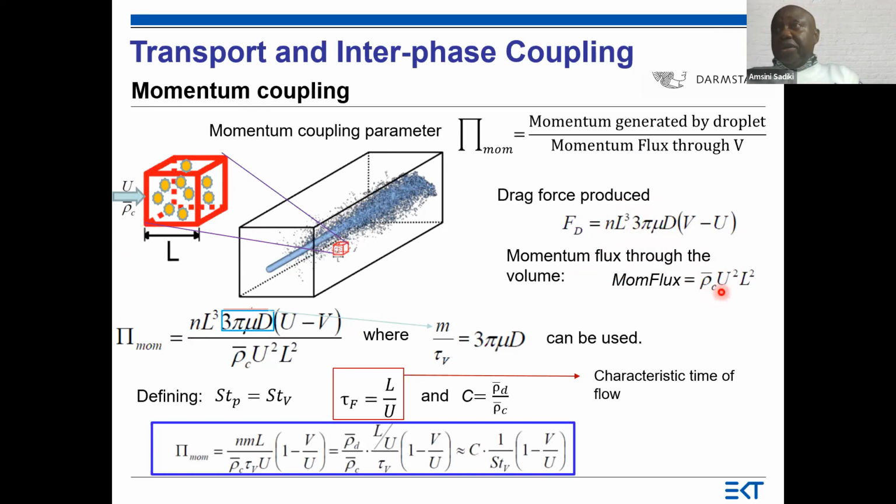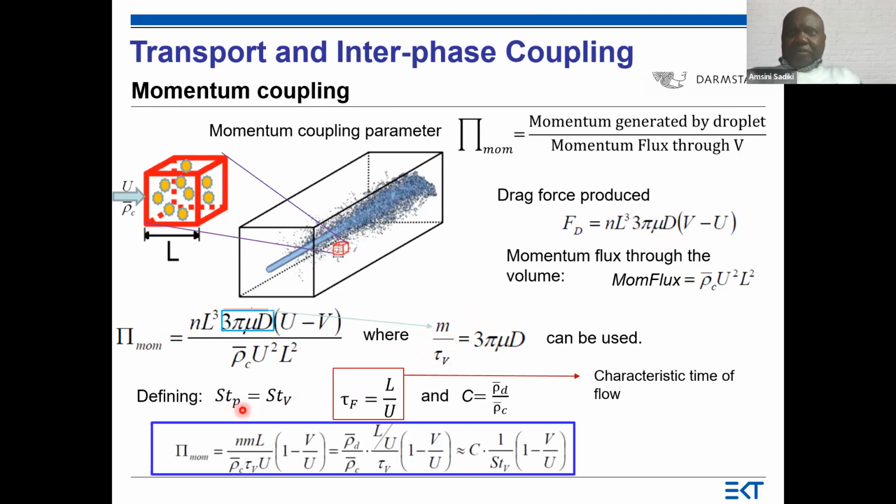It is our momentum multiplied by the surface. This is what we have there. And we put everything in this expression. We obtain exactly what we have here. And if we consider that m, the mass, divided by the dynamic relaxation time, is exactly this quantity here, then this quantity can be replaced by this one.